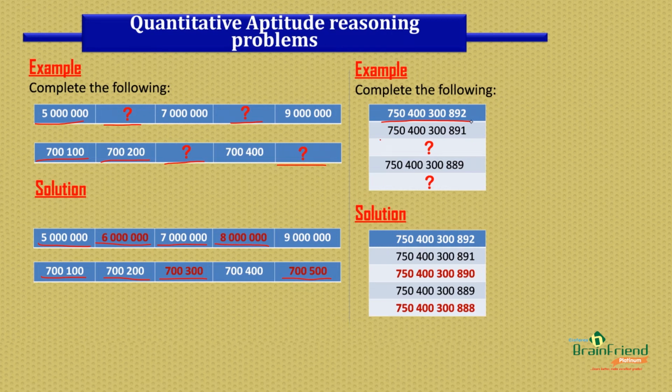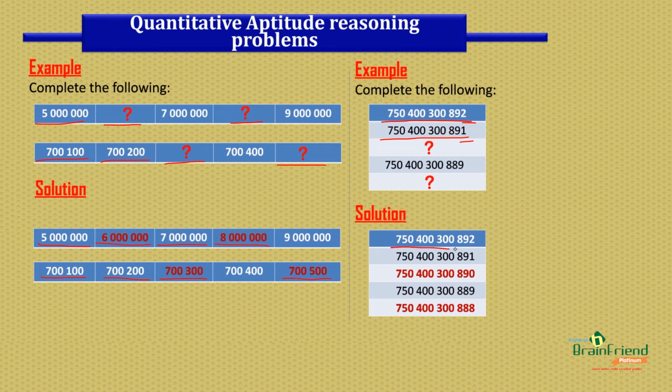And the next number is 750 billion, 400 million, 300,891. You would observe that the major difference is in the unit position. So we can go ahead to solve this problem, and then we change the unit position counting down.